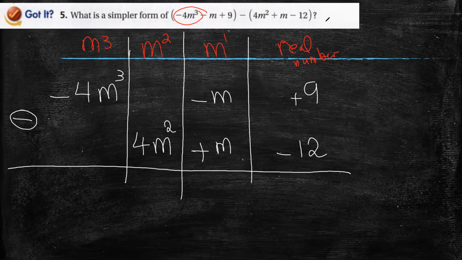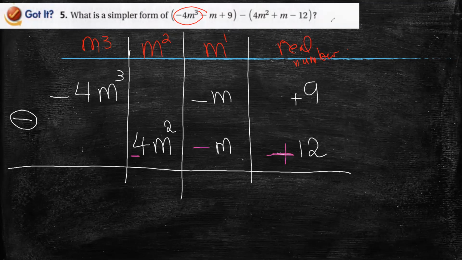Look at the second one. The sign of 4 is positive, it makes them negative. And the m here is positive, how will it be now? It will be negative. And the negative 12 makes them positive.